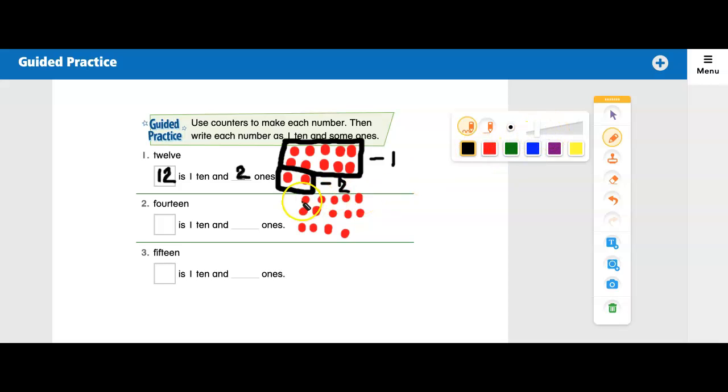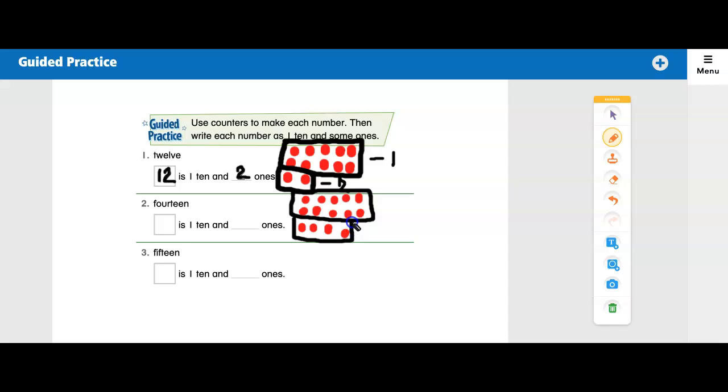When counting to 14, I used 1 10 and 4 ones. We used 1 10 frame and had 4 left over, so that would be 4 ones.